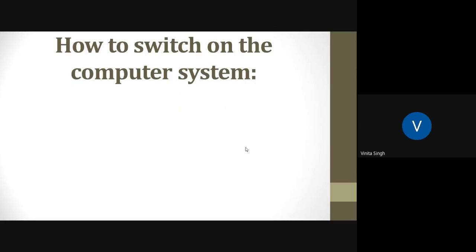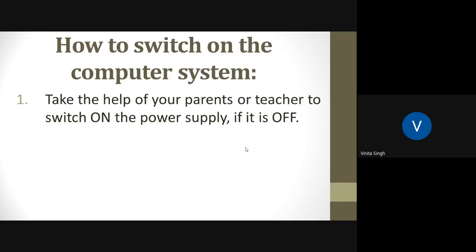So, let us see how, by following step by step, you can switch on the computer system. First of all, take the help of your parents or teacher to switch on the power supply if it is off. Students, it is advisable that you please do not touch the power supply button.